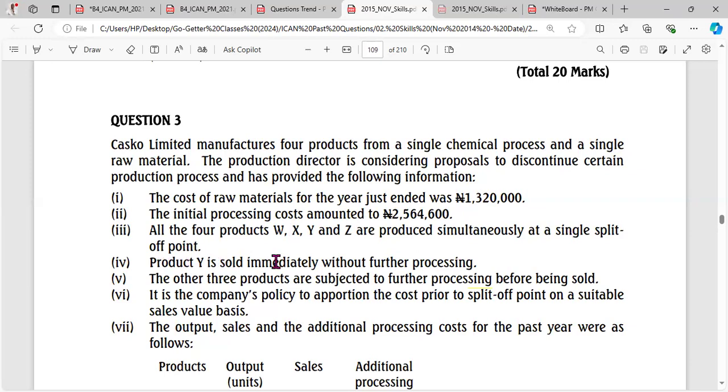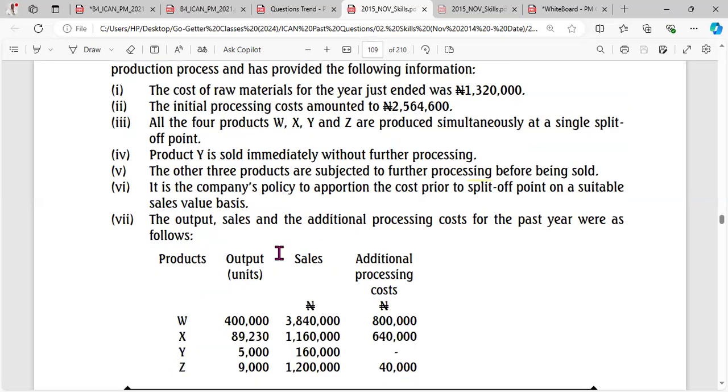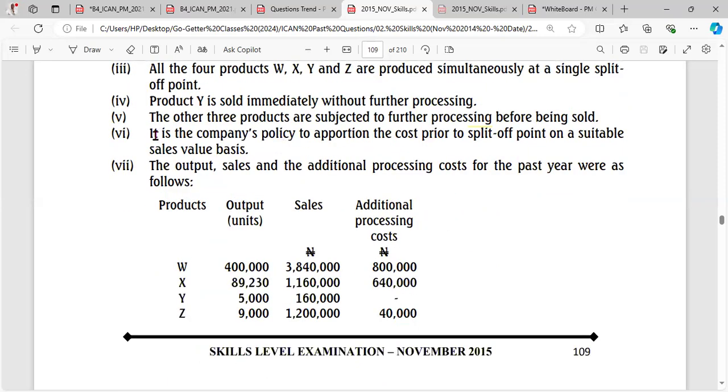Product Y is sold immediately without further processing. The other 3 products are subject to further processing before being sold. It is the company's policy to apportion the cost prior to the split-off point on a suitable sales value basis. The output, sales, and additional processing costs for the past year were as follows.